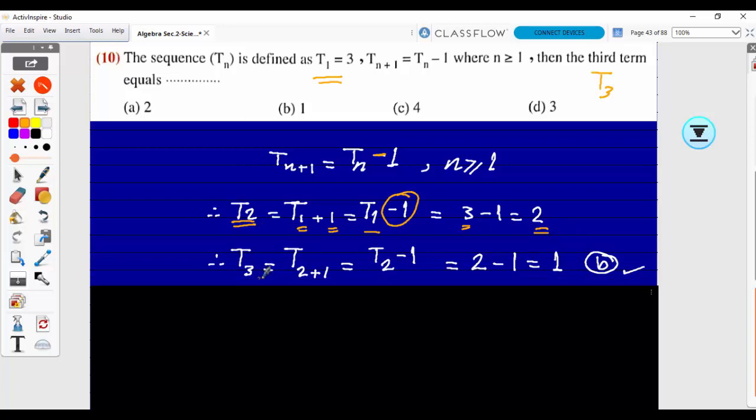And T3 equals T2 plus 1, according to the definition, which equals T2 minus 1. What's the value of T2? It is 2 minus 1 equals 1. And the solution will be in letter B.